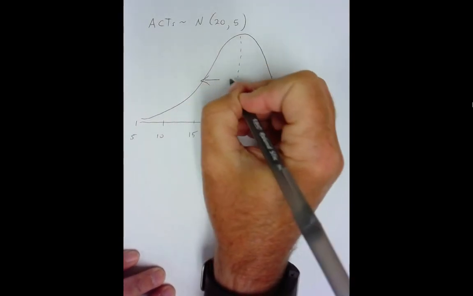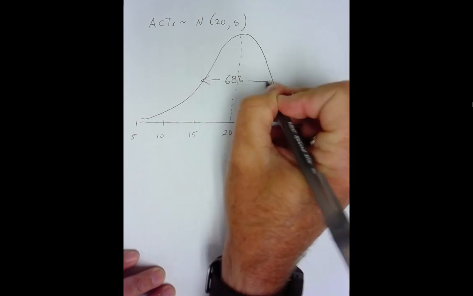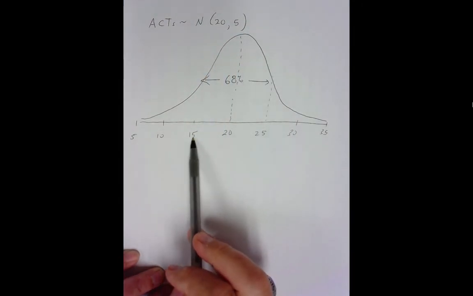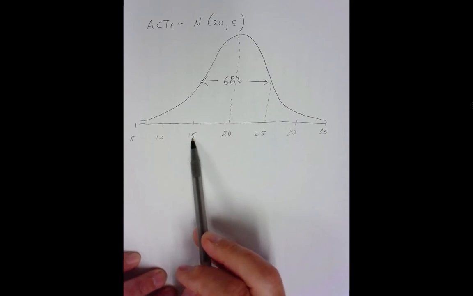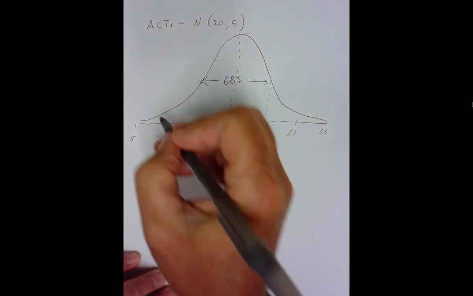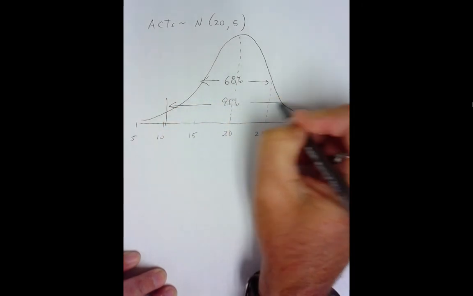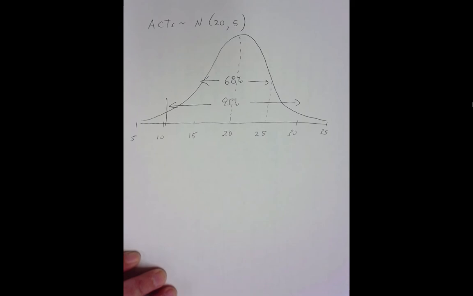We know that if this mean and standard deviation are true, approximately 68% of people have an ACT between 15 and 25. 95% have an ACT between 10 and 30.